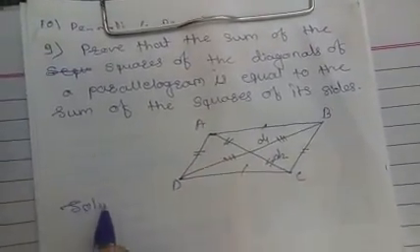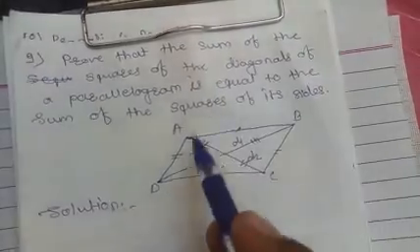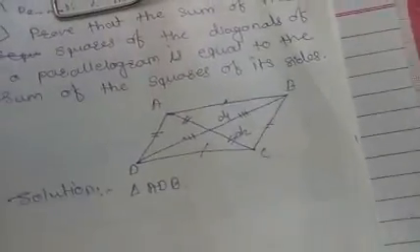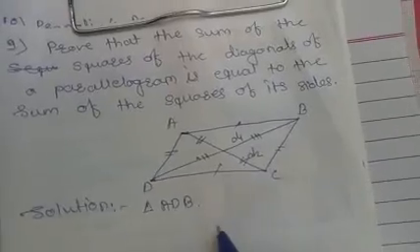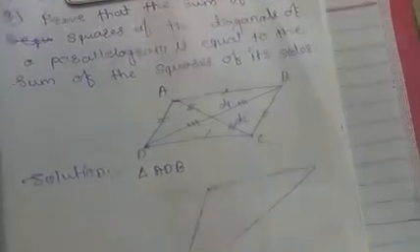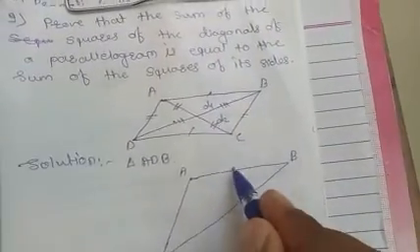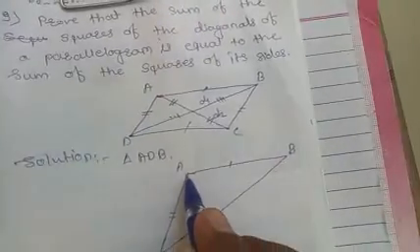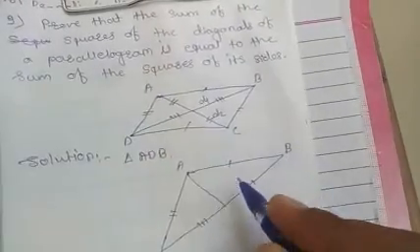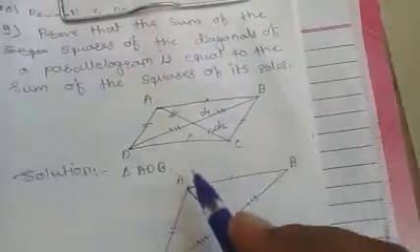So in the solution, if we first consider triangle ADB, okay, so see how we will construct the triangle ADB. If the diagonal is intersected equally, it means this is a line, a median, which we indicate by D2.